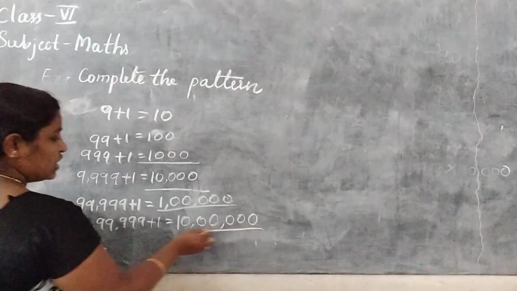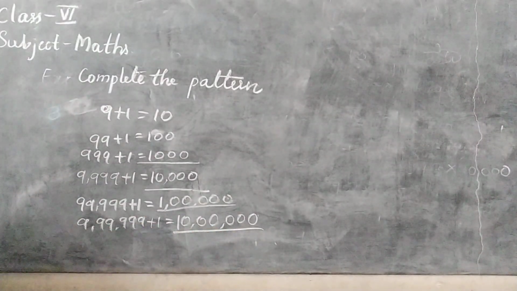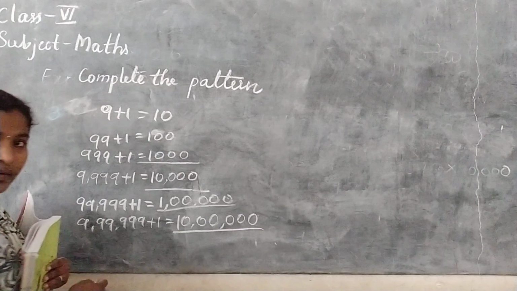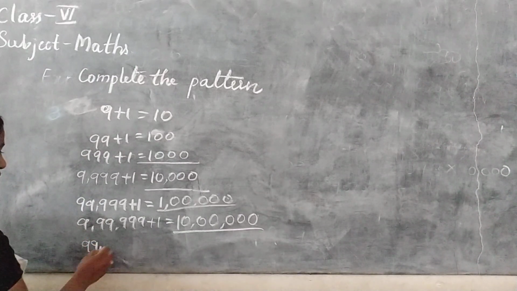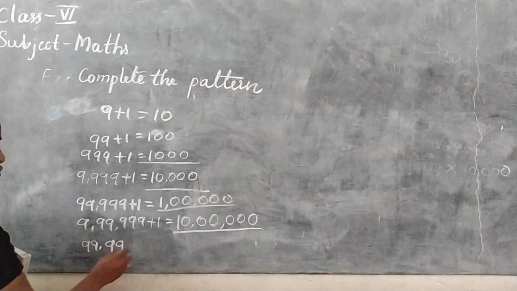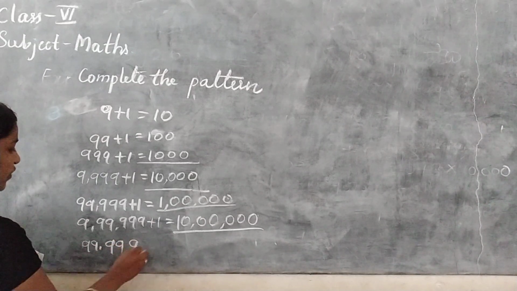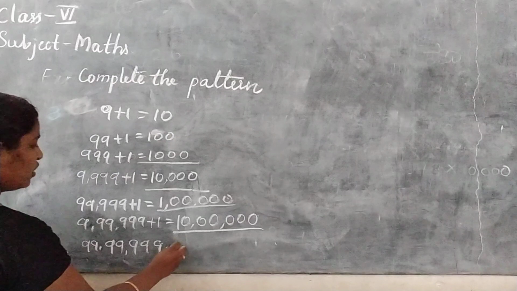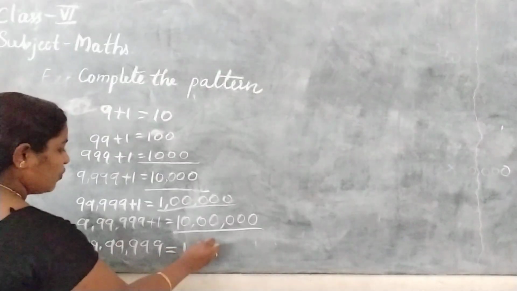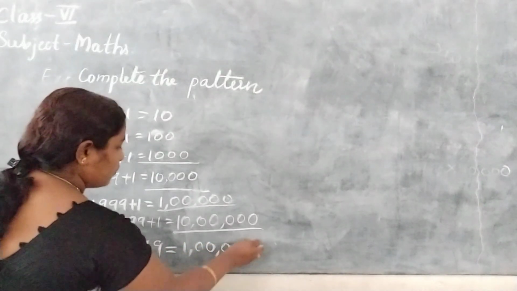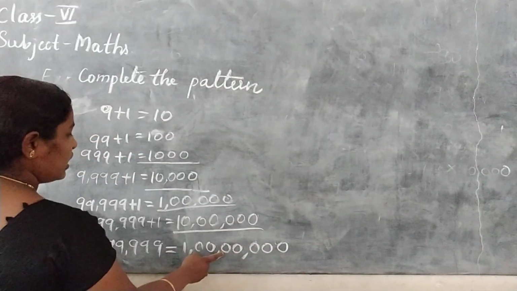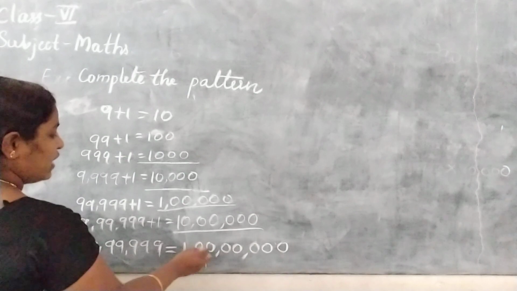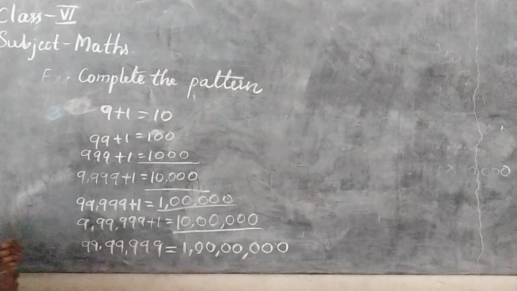This is the smallest 7-digit number. Next, again 99,999, we will get 1 crore. See, ones, tens, 100, 1000, 10,000, lakh, 10 lakh, 1 crore.